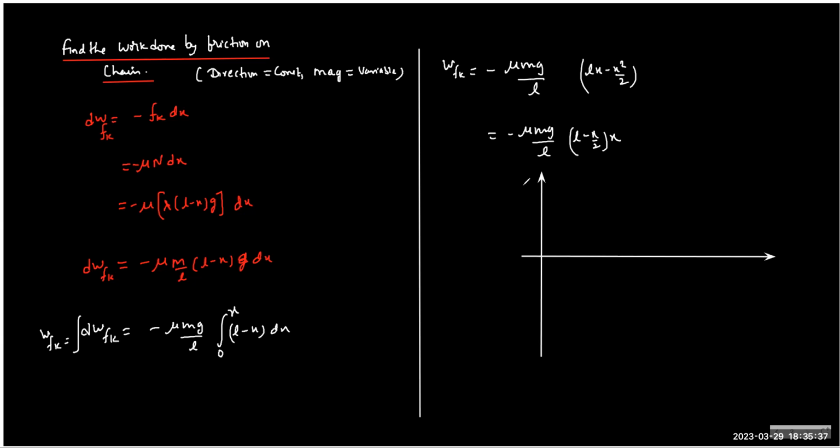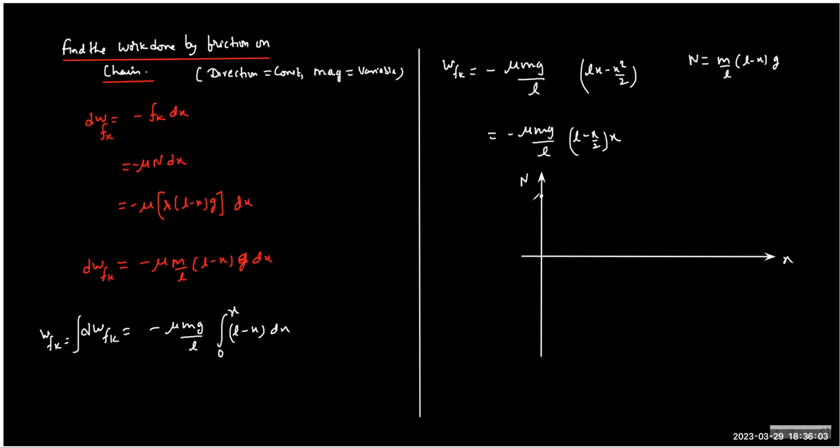So if I plot a graph of normal reaction versus x, just try to understand the normal reaction versus x graph. Normal is how much? M by L, lambda into L minus x into g, correct? So when x is 0, the normal reaction is mg, right?